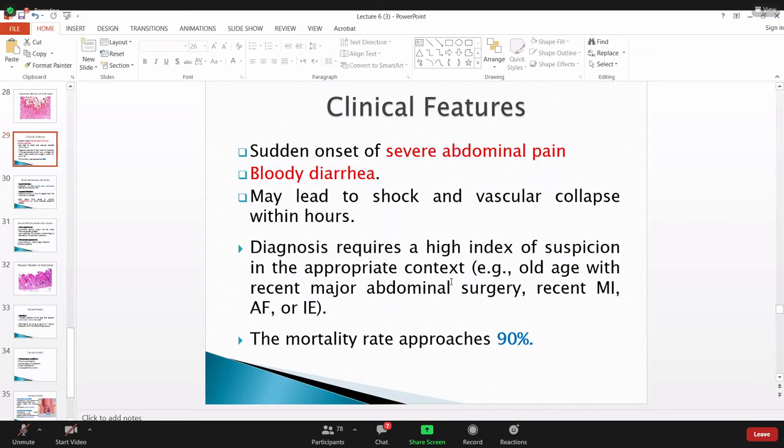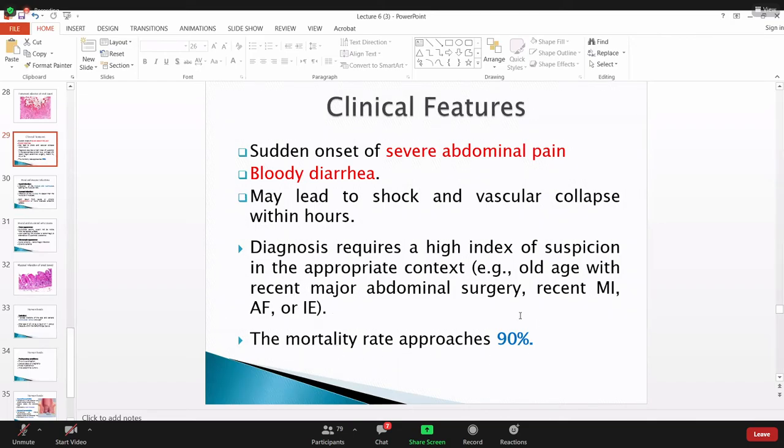First, if they had, for example, major previous abdominal surgery that affected the blood supply, a recent myocardial infarction, some sort of heart failure, or some abnormality in the pumping of the heart, such as atrial fibrillation, because in atrial fibrillation thrombi form inside the atrium of the heart, and then emboli go everywhere, so it can cause a showering of emboli. Or infective endocarditis can also give me infected emboli.